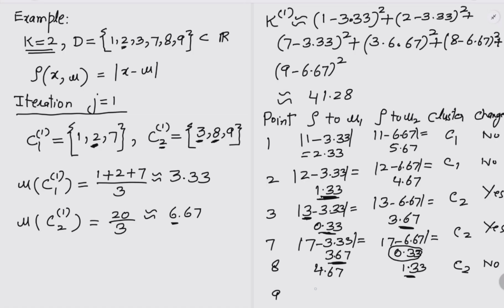And for 9, we have 5.67 and then 2.33, and 2.33 is less than the other value. So it means that 9 should belong to cluster number 2. It is already there. So is there any change? No, there is no change.